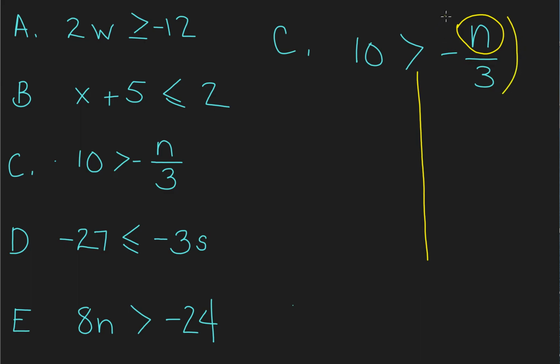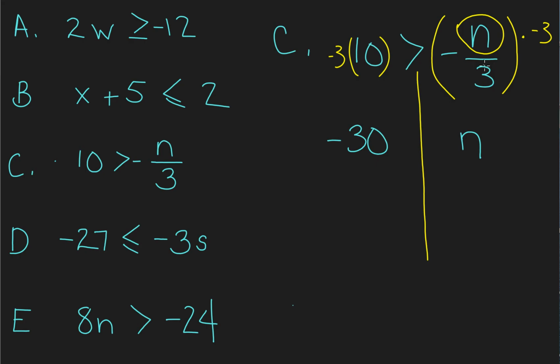So the opposite of divide by negative 3 is to multiply by negative 3. And we do that to both sides of the equation. So negative 3 times 10 gives me negative 30. When we multiply by the denominator, it cancels, which leaves us with n.